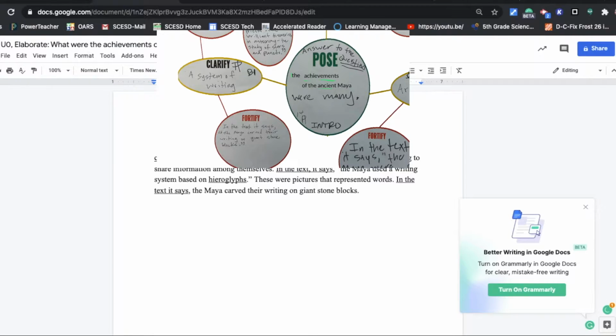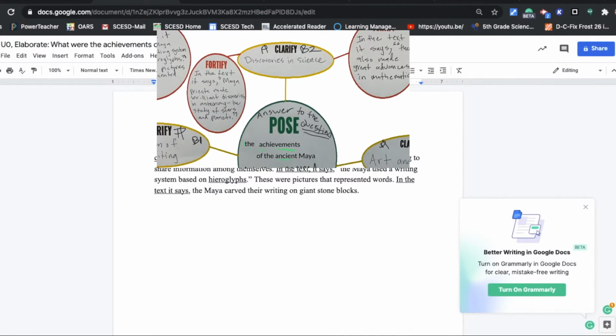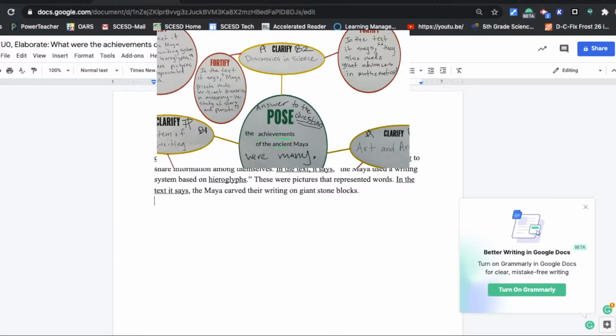I can start my next paragraph, which is actually going to be in our mind map up here, clarification, body 2, and it's got 2 fortification statements next to it. So we have clarify, body 2. Let's go ahead and start writing just from there. Again, this is another thing we're going to need to use a transition phrase from the prompt to transition over into our thinking again.